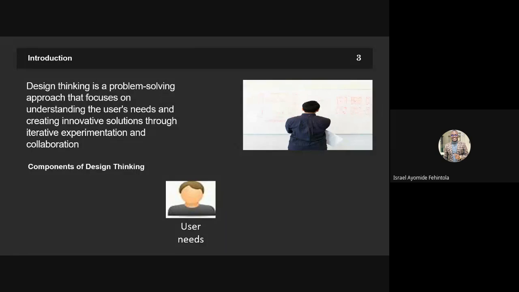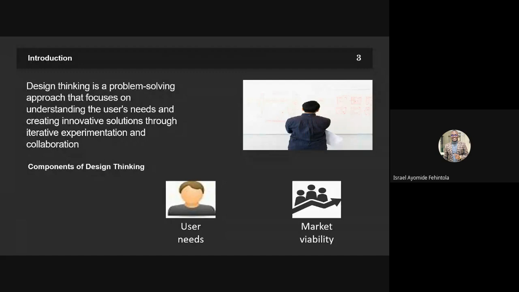So that's what, for me, I'll first understand before developing any solution for the community. And then with design thinking, you will be sure that any solution that you develop is relevant and meaningful to the people that are using it.